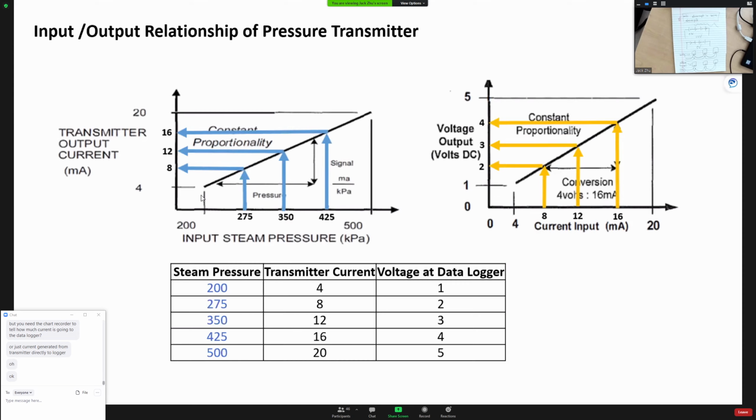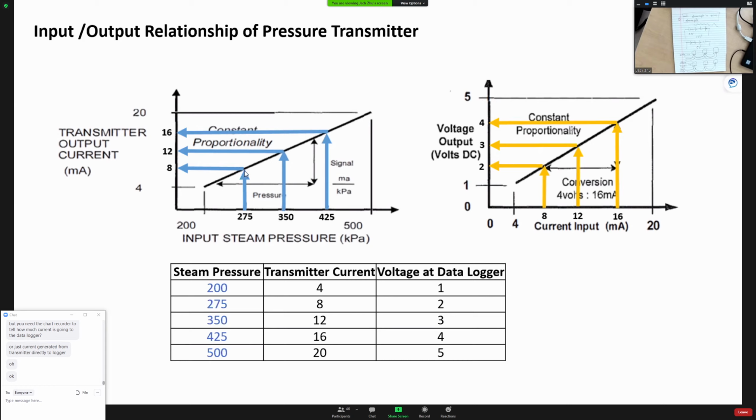So here they give you an example. They said the transmitter output relates to the steam input. Here's your current. Here is the steam pressure. At 200 kPa, you have 4 milliamps. That's the minimum. At 500, you will have 20 milliamps. They give you some other values.